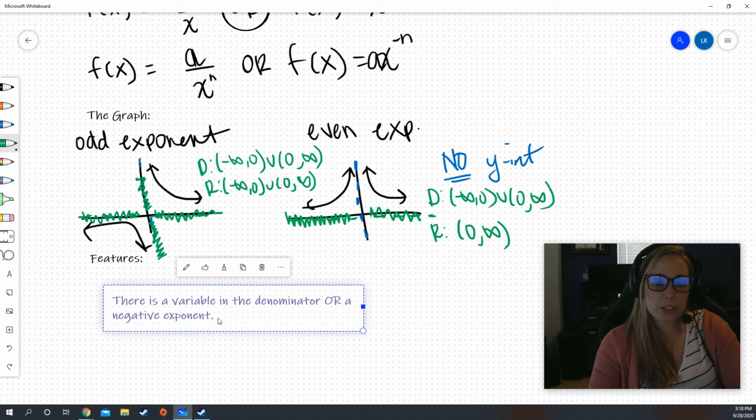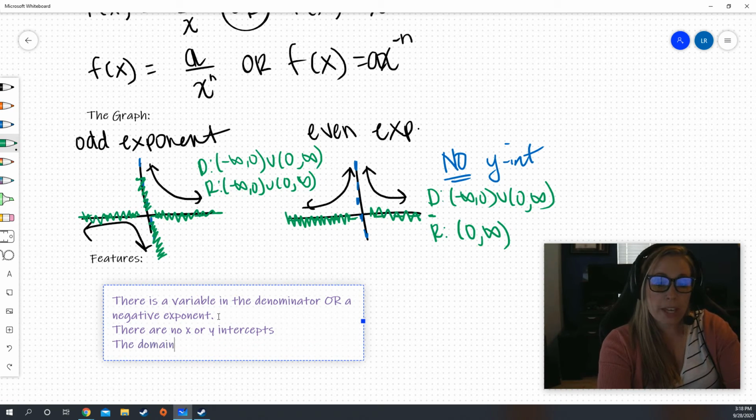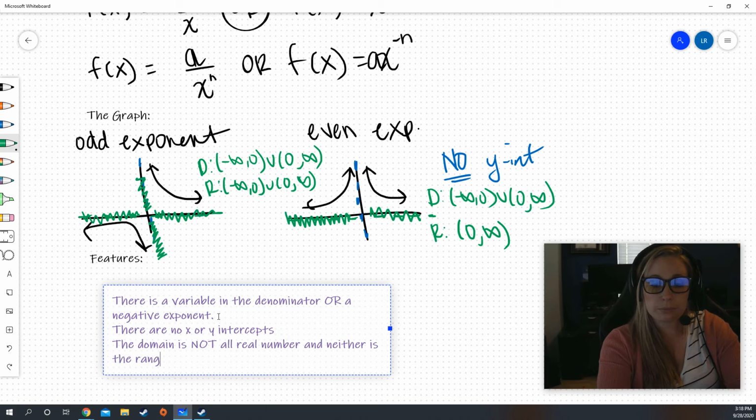So that's the first feature. There are no x or y intercepts. The domain is not all real numbers, and neither is the range. So you really have to analyze what's going on.